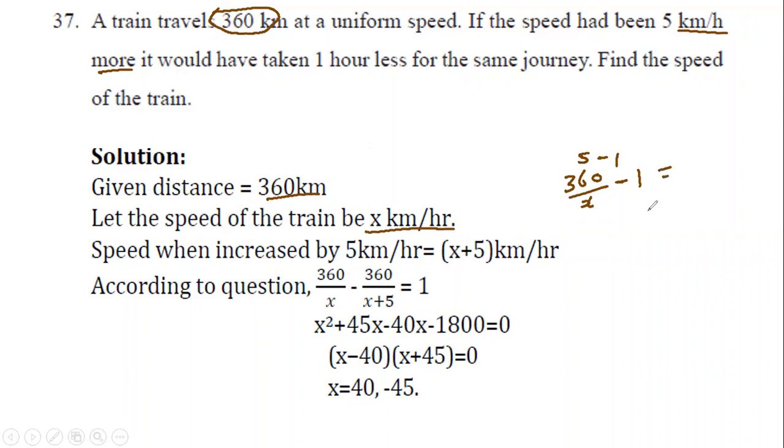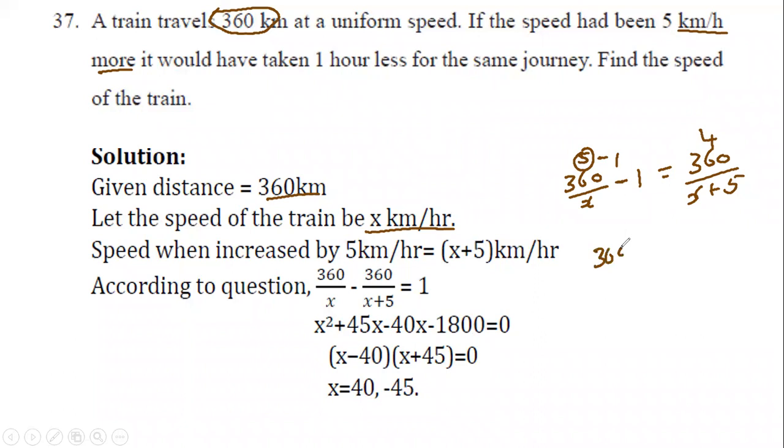Why is it less? Because the speed is increased by 5 kilometers per hour. So you will reach within 4 hours instead of 5, one hour less, because the speed is increased.